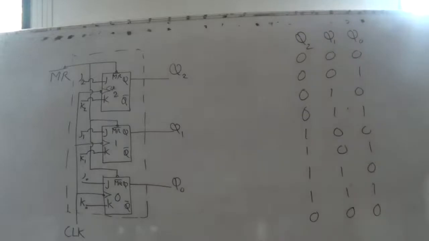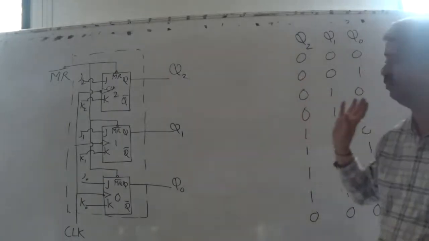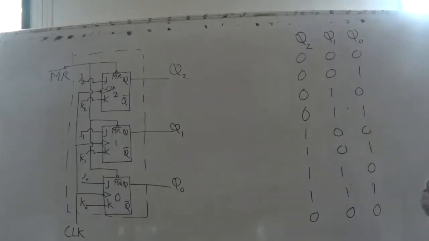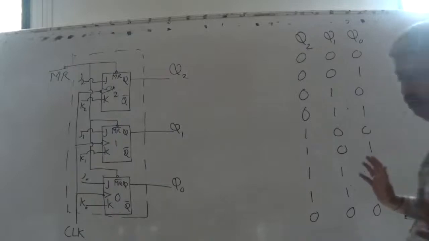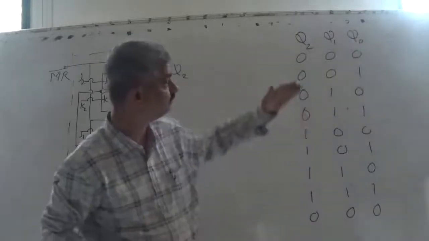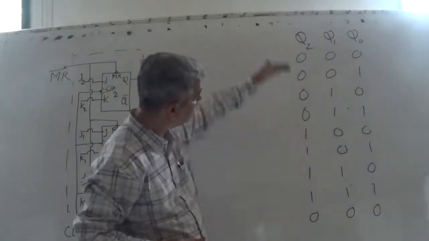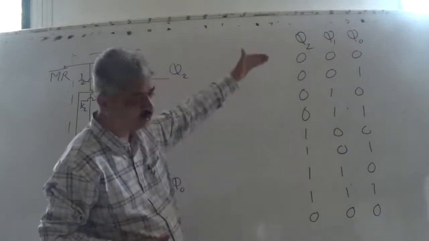So what we simply want is that the required operation should be observed on these outputs Q2, Q1, Q0. Now for this, I should simply go through the pattern of Q2, Q1, Q0.